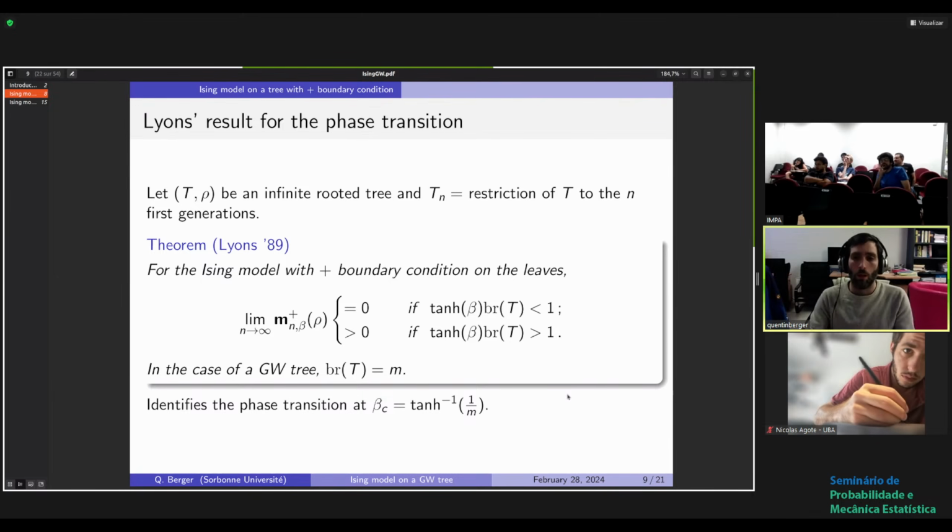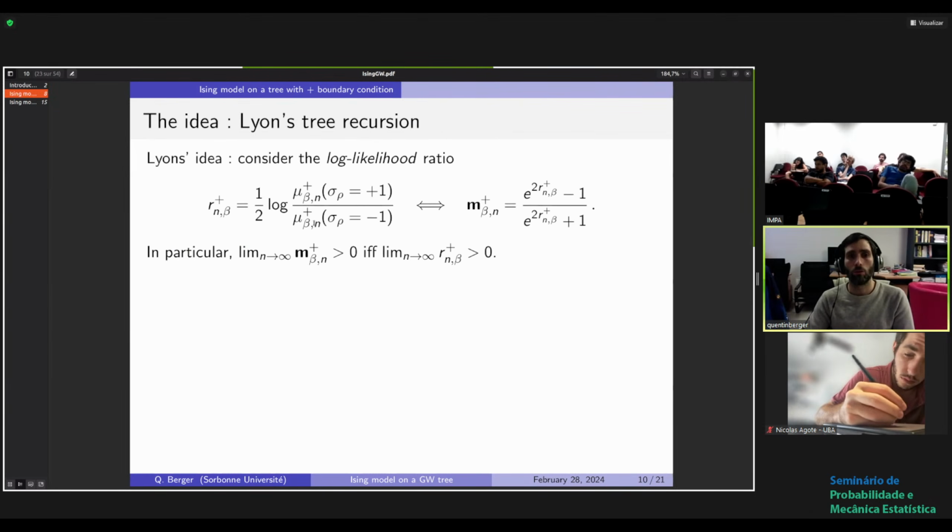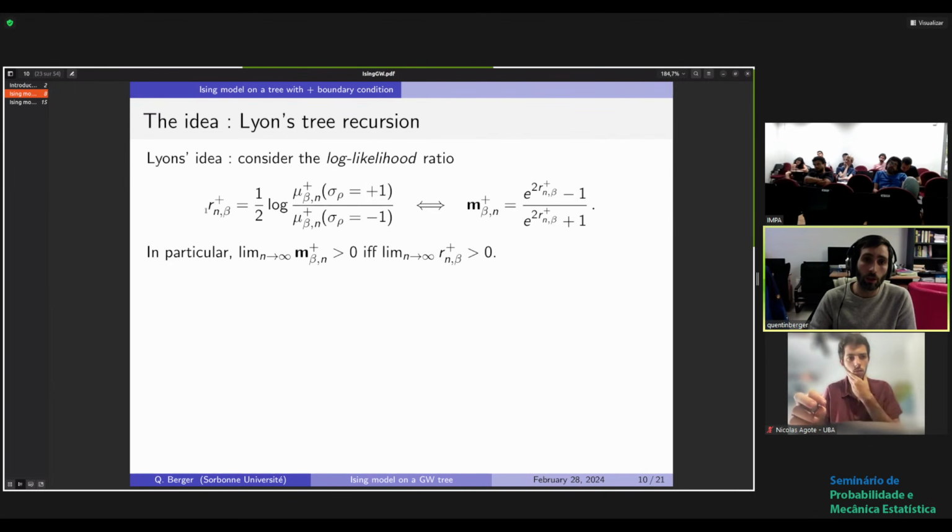So how do you prove that? It's by now a very classical result by Lyons from the end of the 80s. The idea of Lyons is that since you're on a tree, you're able to get some recursion on the tree. Instead of looking at the magnetization, he looks at some other quantity that satisfies a recursion: what he calls the log likelihood ratio.